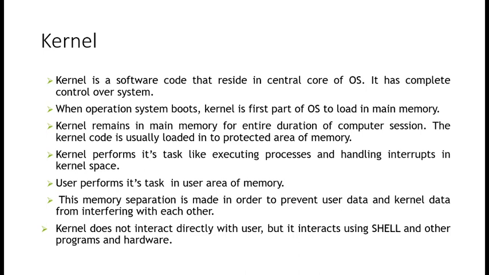I told you that Bourne shell, Korn shell and Bash shell are present there. So that shell is interacting with the kernel, and the user is giving programs through the shell, and the kernel can work accordingly. Okay, but it cannot take data directly from the user. The kernel cannot take data directly from the user. Okay, it can accept data through the shell.